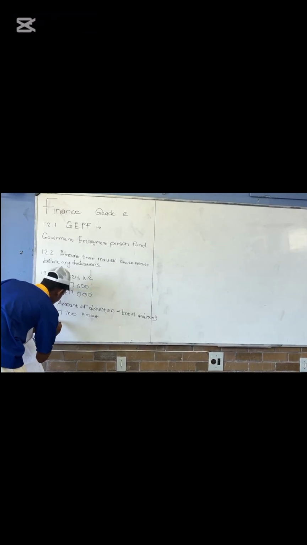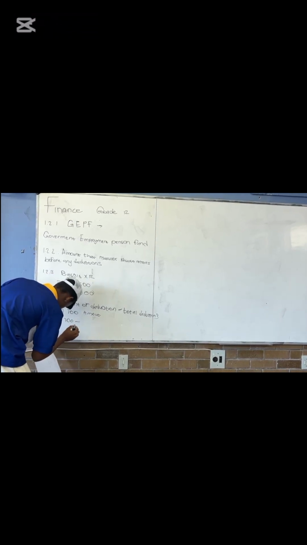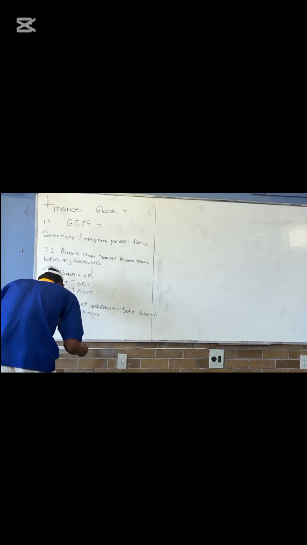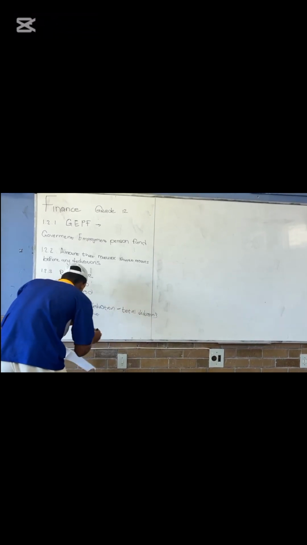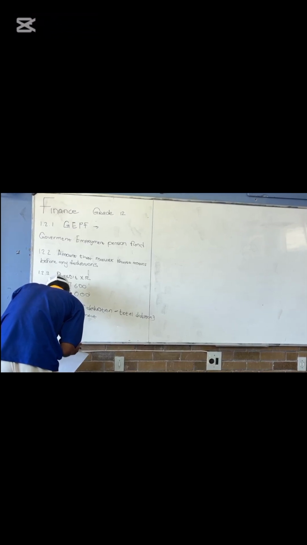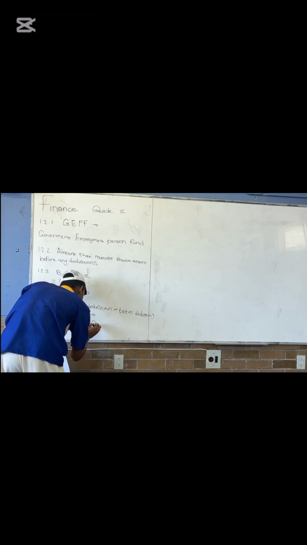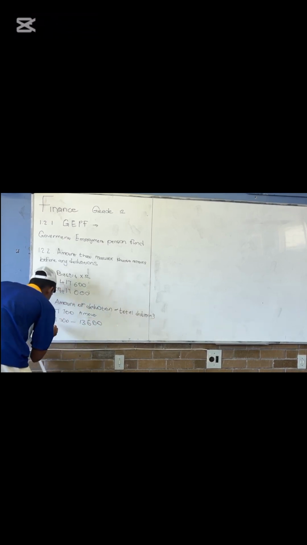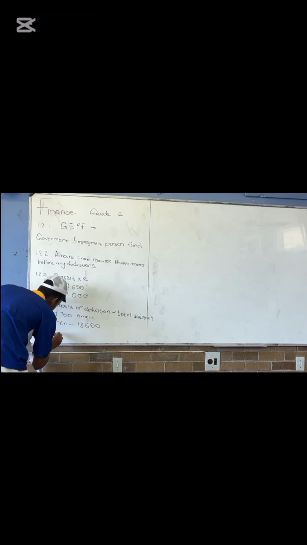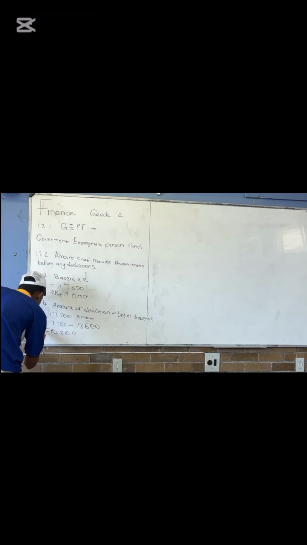Then we have to subtract the sum of all deductions, which is 13,500, the total amount of all deductions. Then we have 4,200. So this is the value of A.